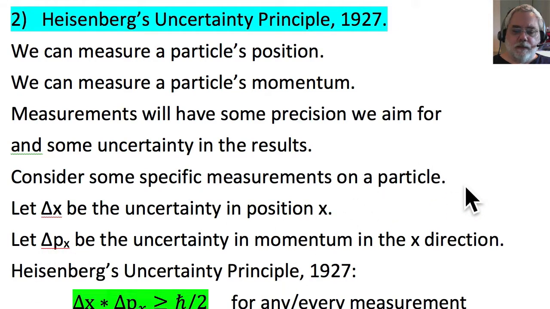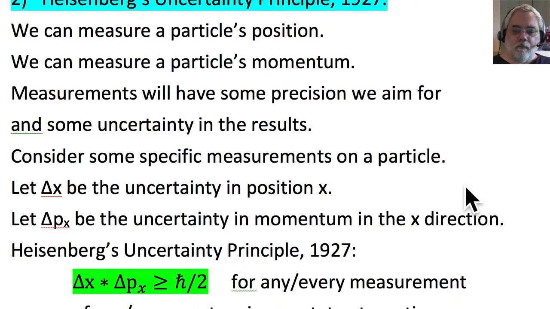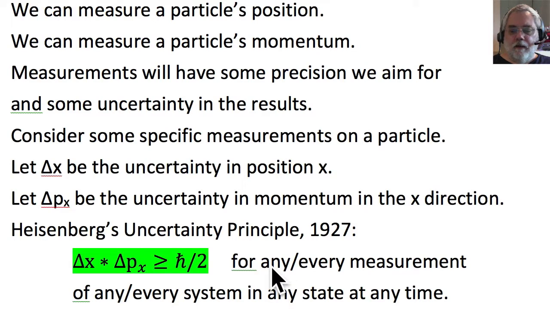Heisenberg's Uncertainty Principle says that for any and every measurement you can possibly take of any and every possible system in any state at any time, no matter what you do, the uncertainty in measuring x position times the uncertainty in measuring the momentum in the x direction, measured at the same time, the product of those uncertainties is going to be greater than or equal to h bar over 2, no matter what you do.